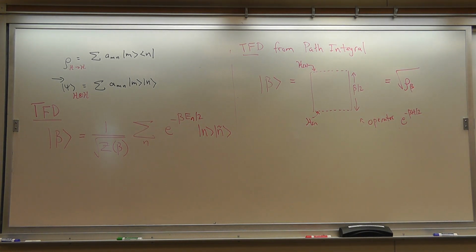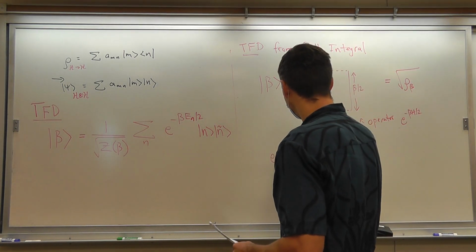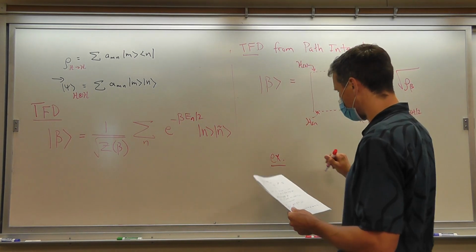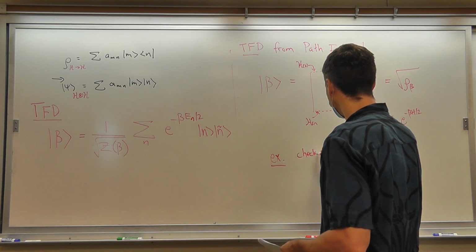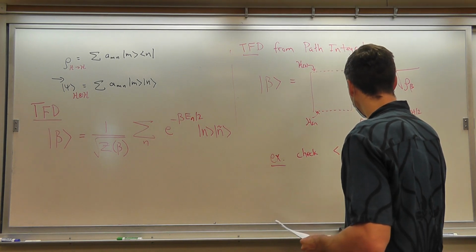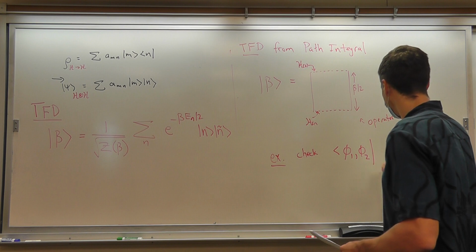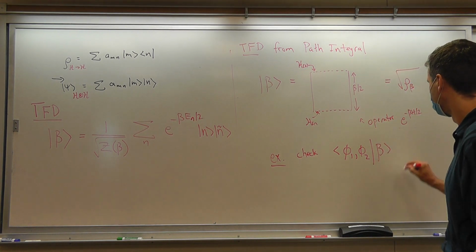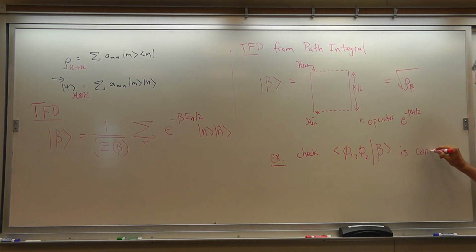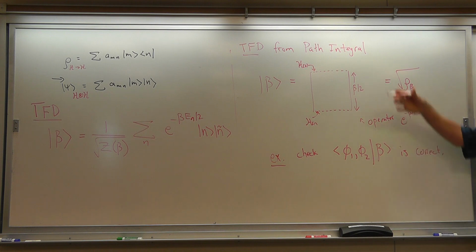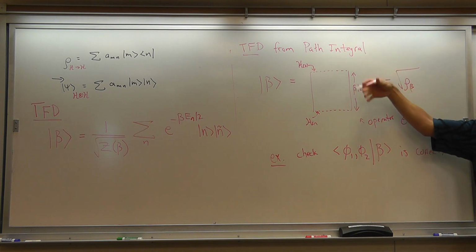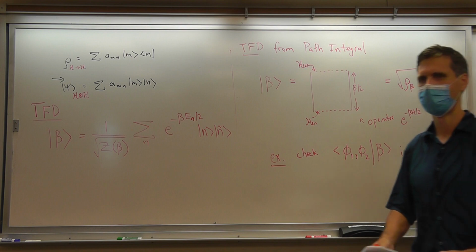It's e to the minus beta over 2 times H. I'll leave it as an exercise to think through yourself and check that the matrix elements calculated by this path integral are correct. So we're just reinterpreting the two cuts as being one state.